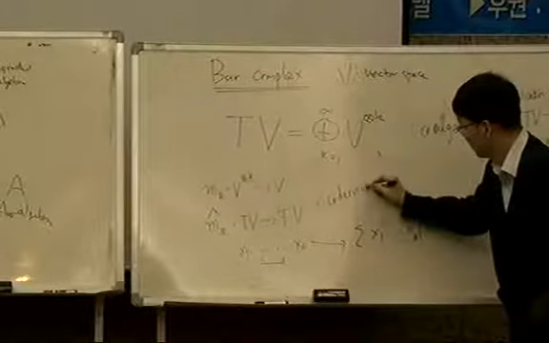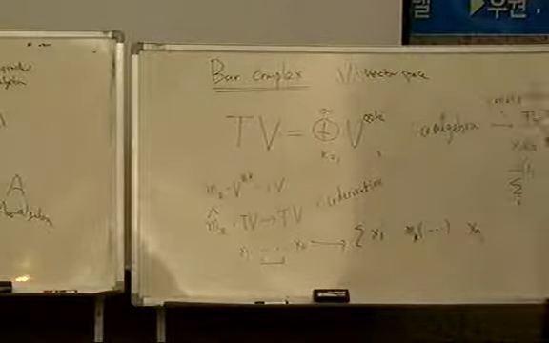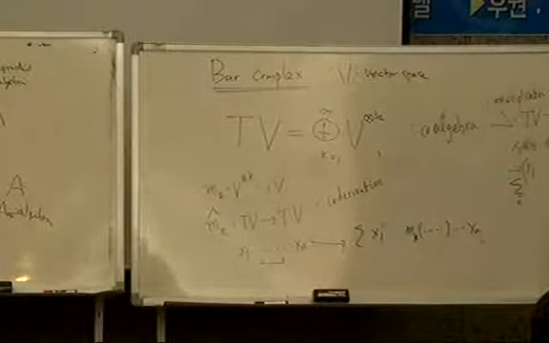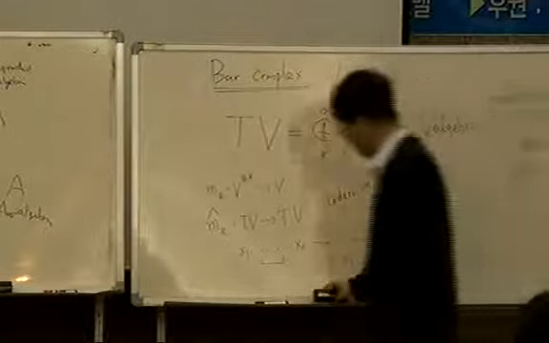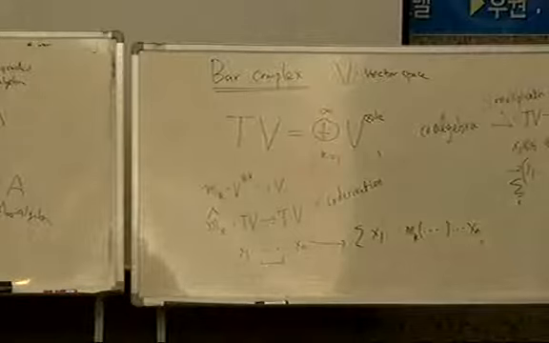And this is what's called co-derivation. Co-derivation means it's compatible with this co-multiplication, and when you divide, it goes into one of the two parts.